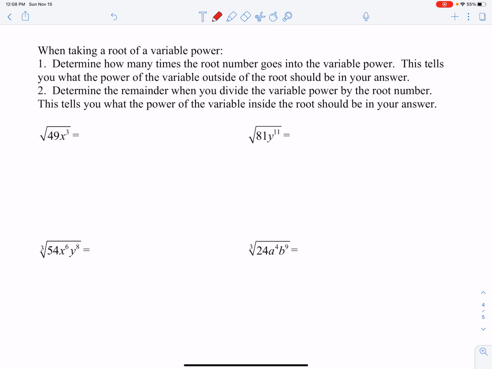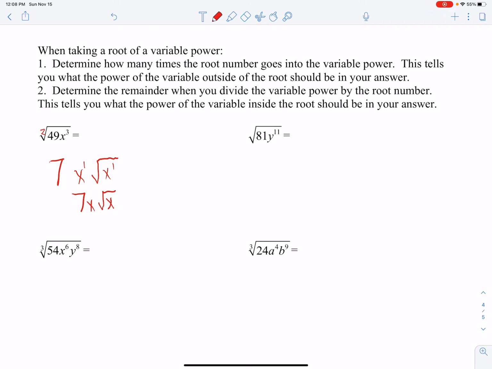When we look at the square root of x cubed, we think, well, 2 doesn't go into 3 evenly, so we're going to have part outside the root, part under it. 2 goes into 3 once with the remainder of 1. So it's x to the first times the square root of x to the first. Usually people would write those expressions without the 1 exponent. So it'd be written as 7x square root of x.